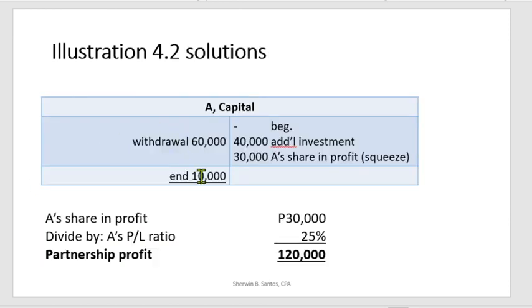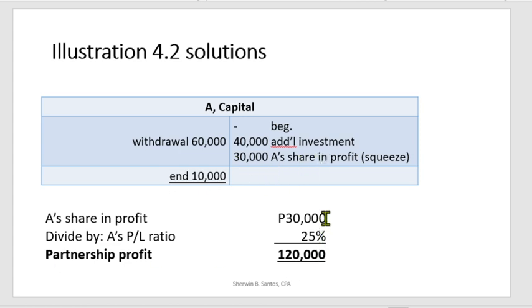So, ibig sabihin, since ang additional investment niya 40, then nag-withdraw siya ng 60, hence, kapag in-squeeze mo, meron siyang share sa profit na 30,000. Kasi 40 plus 30 is 70, minus 60 is 10,000. The net increase in the capital of A. So, ito yung share ni A sa profit.